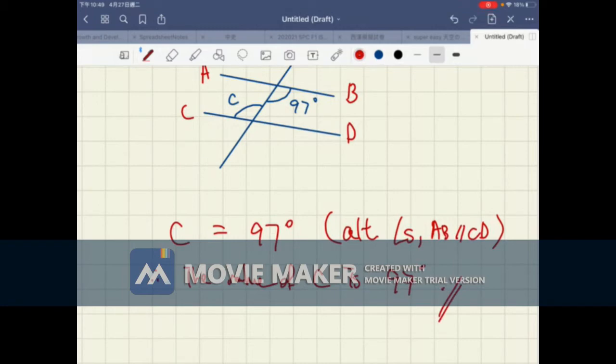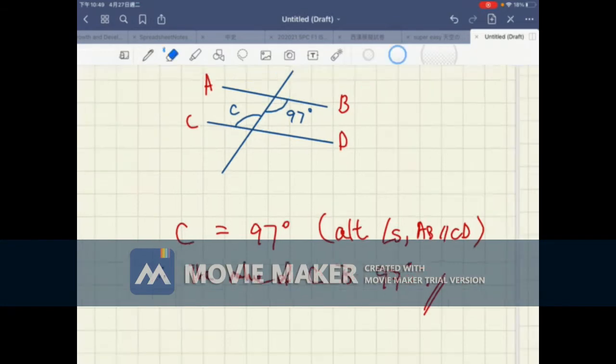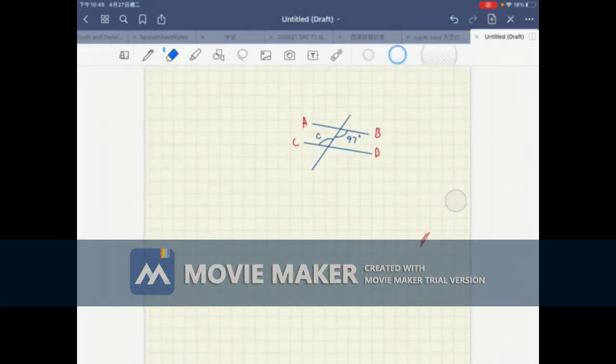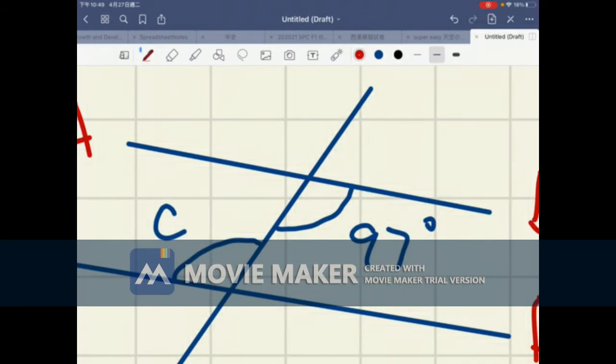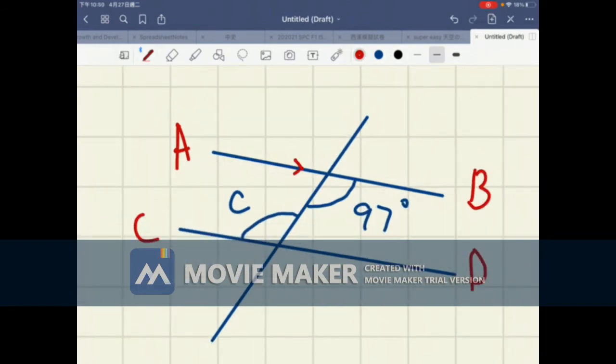Did you guys write this? It seems that every one of you was tricked by me. Why? Remember, when we are looking at questions, we must check the question carefully. We can see that in this question it didn't mention that these two are parallel lines. They are missing this sign.